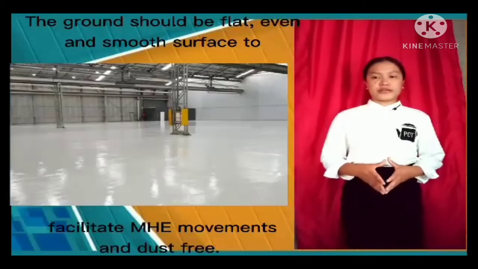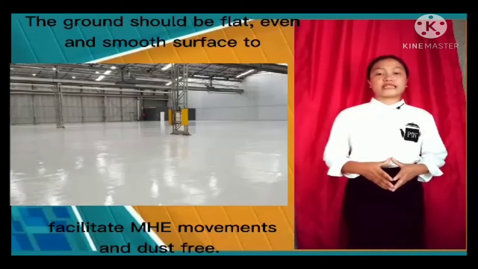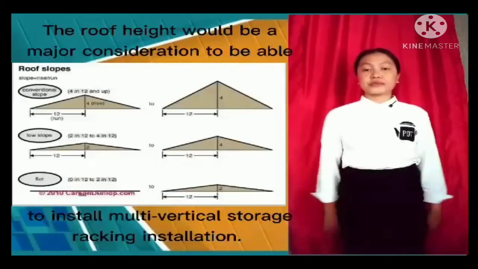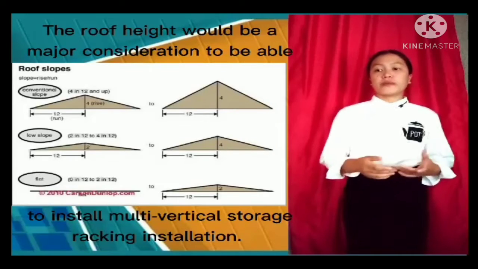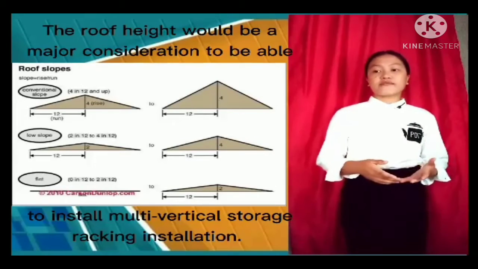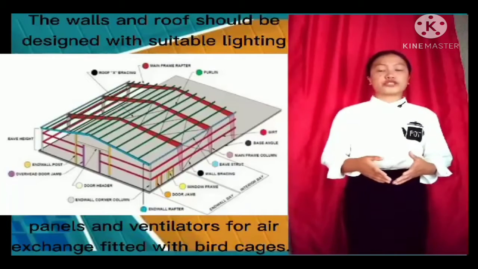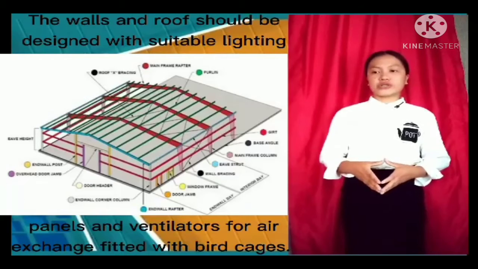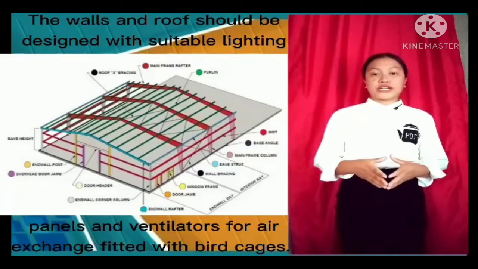The ground should be a flat, even, and smooth surface to facilitate MHE movements, and dust-free. The roof height would be a major consideration to be able to install multi-vertical storage racking. The walls and roof should be designed with suitable lighting panels and ventilation for air exchange, fitted with bird cages.